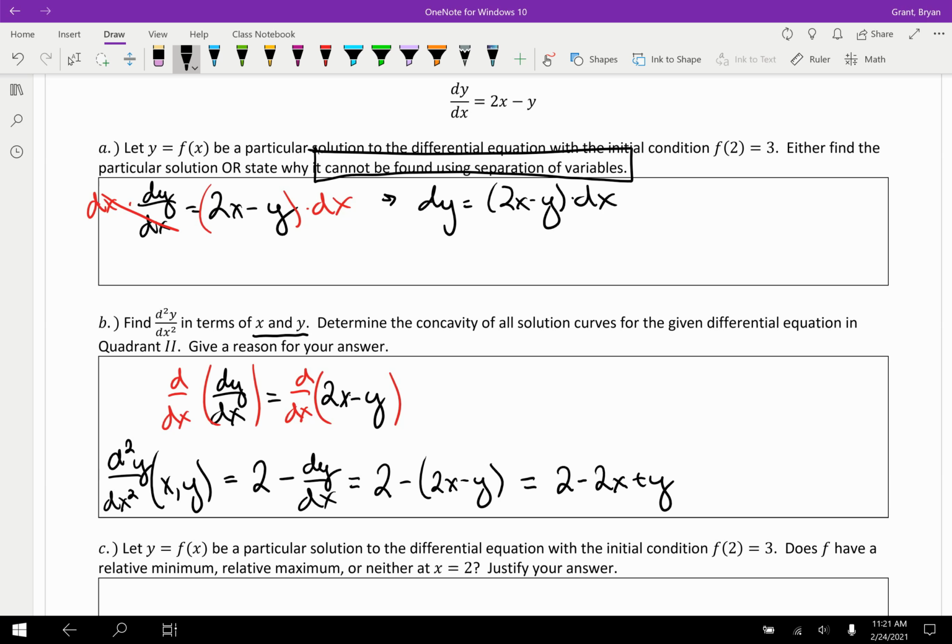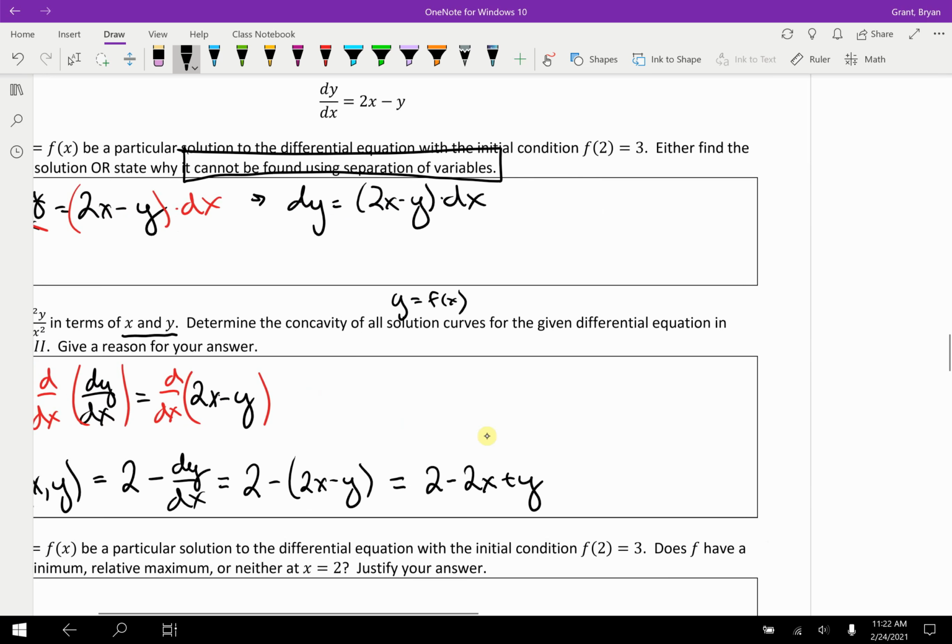There's our second derivative. They also want us to determine the concavity of all solution curves, so all the curves y equals f of x, for the given differential equation in quadrant 2. Well, quadrant 2, let's sketch a little graph of quadrant 2 over here. Let's think about any point in quadrant 2.